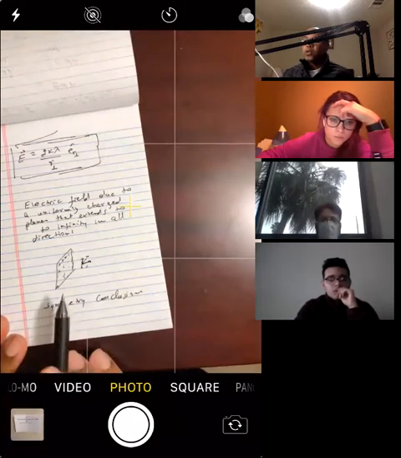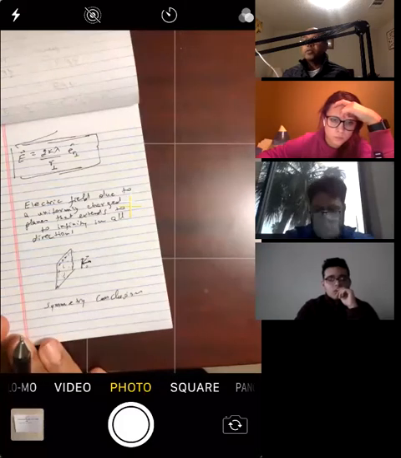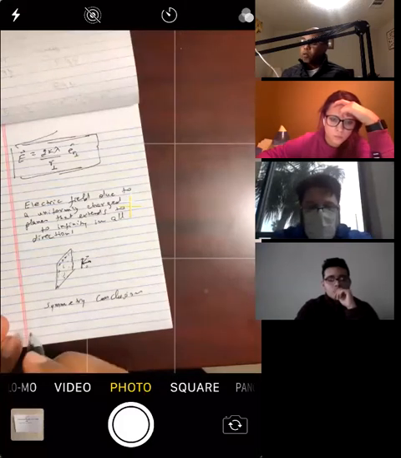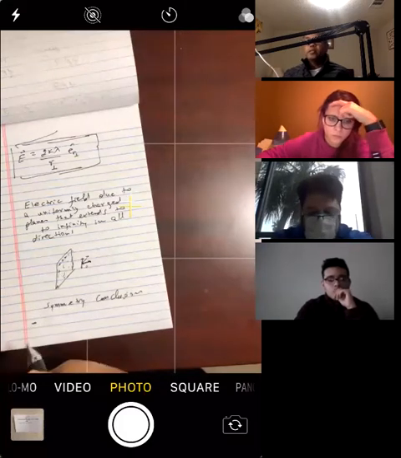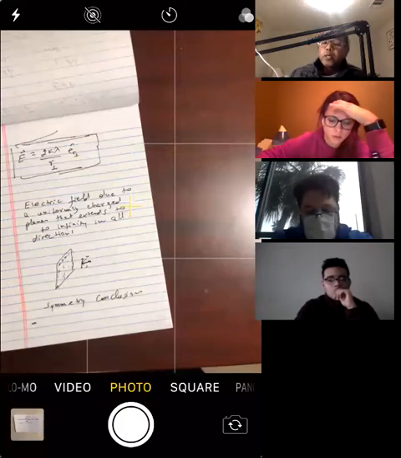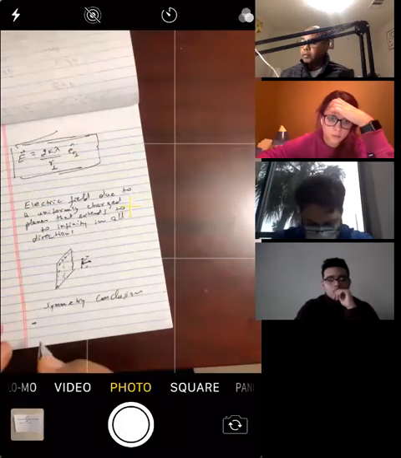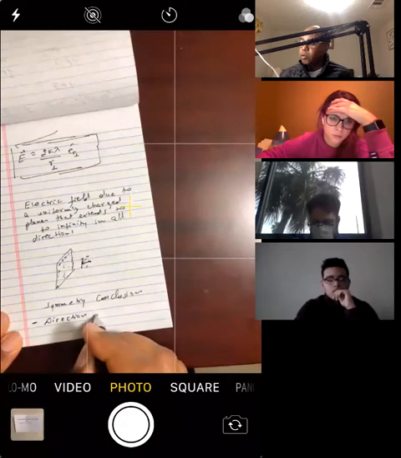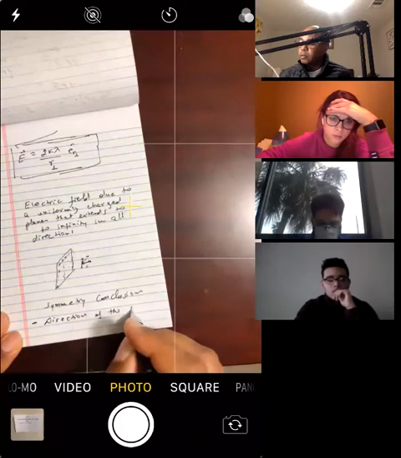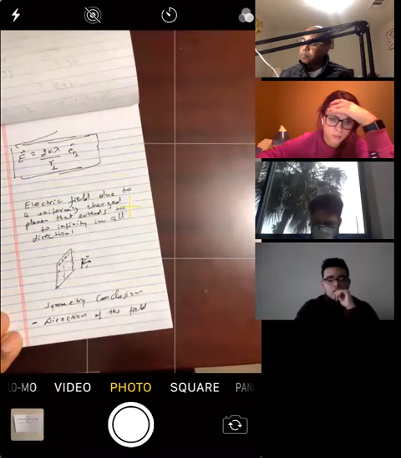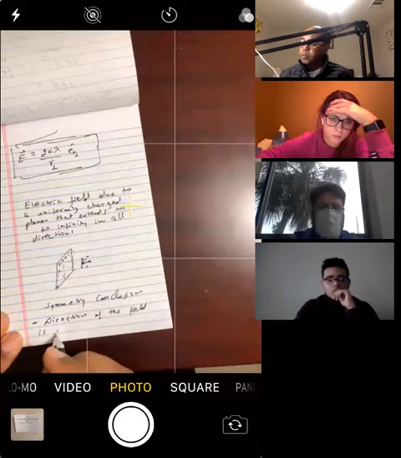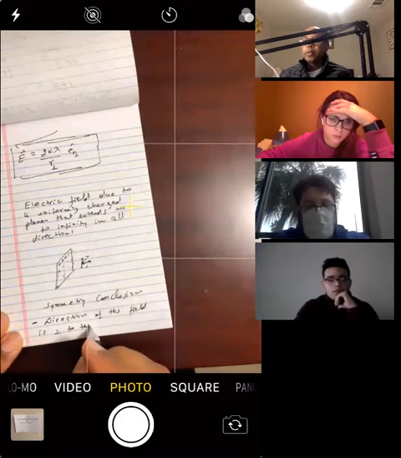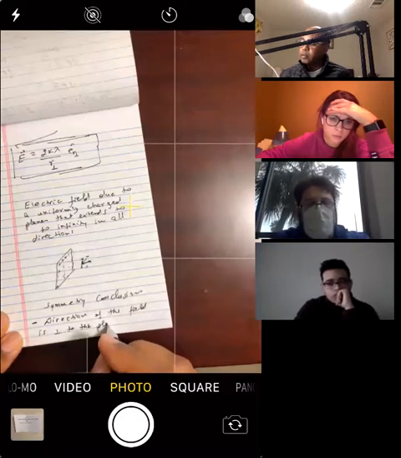So it's only the component perpendicular to the plane that's going to survive. So one of the conclusions I can make is that the direction of the field is perpendicular to the plane everywhere.